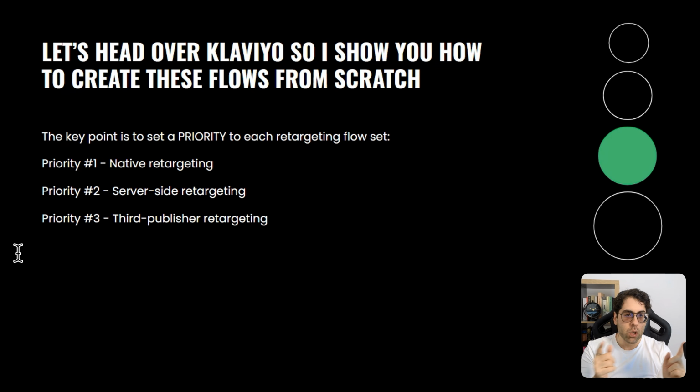And each should be excluding each other. And the way to do so is ultimately straightforward. But again, almost nobody gets this right. I'm going to show you concretely how to do this within Klaviyo so that you don't make a mistake.